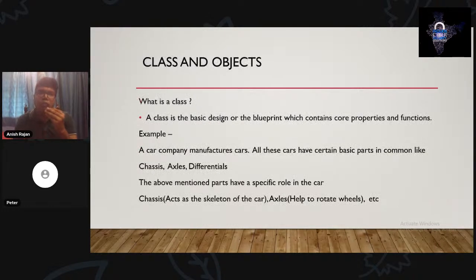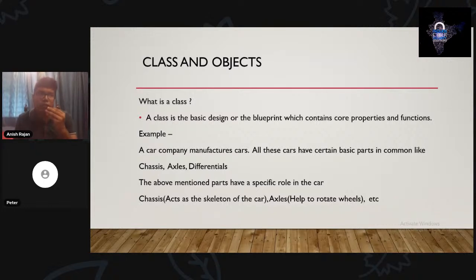So now we come to what is a class and what are objects. A class is the basic design or blueprint which contains core properties and functions. Okay. So what does this mean actually? What is a blueprint?